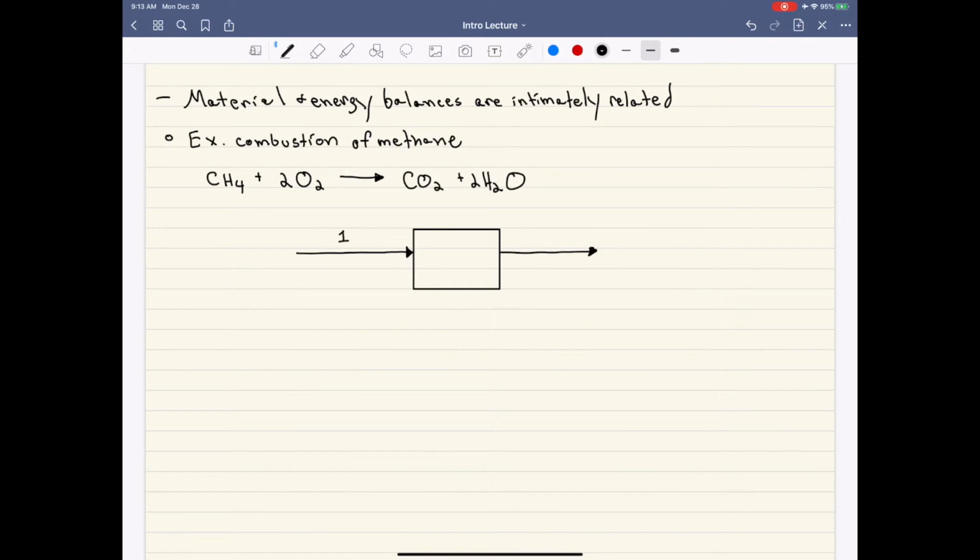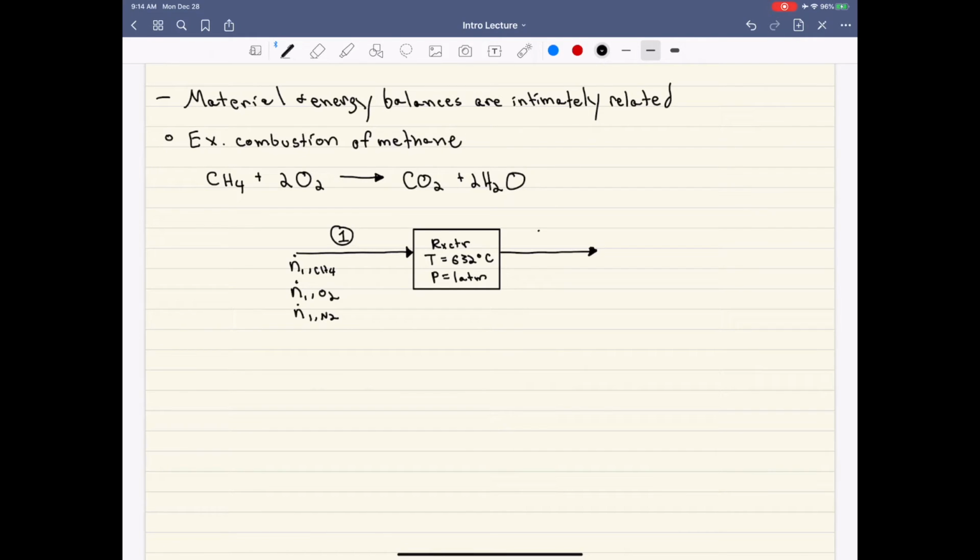So in the feed stream, stream 1 over here, let's say I have some moles of methane, and then I also have some air fed in, which contains oxygen, but air also contains the inert nitrogen as well. Alright? And so this feed goes inside a reactor that's at a temperature of 632 degrees Celsius and a pressure of 1 atm.